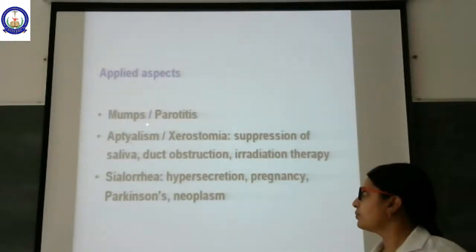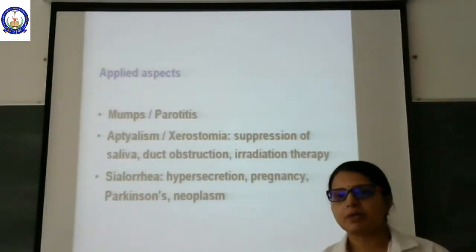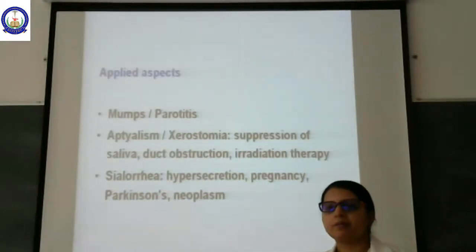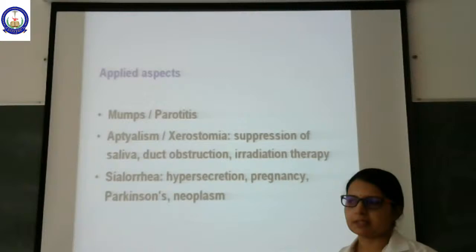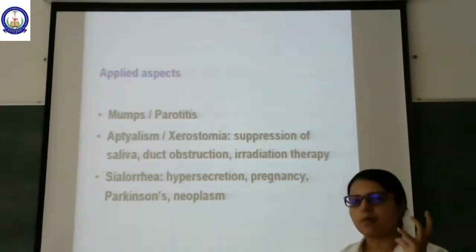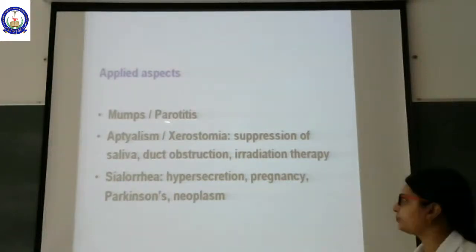The inflammation of the parotid gland, parotitis, is otherwise called mumps. This can be prevented by vaccination, that is the MMR vaccine: measles, mumps, rubella. In villages, some individuals who have not undergone this vaccination might suffer from this parotid swelling. So this is called mumps or parotitis.